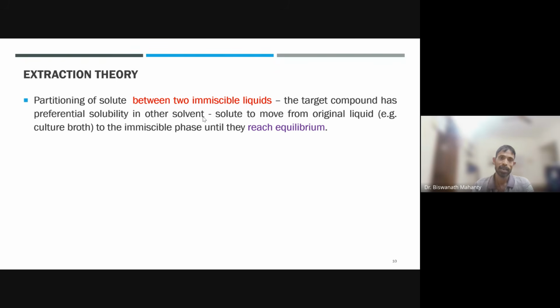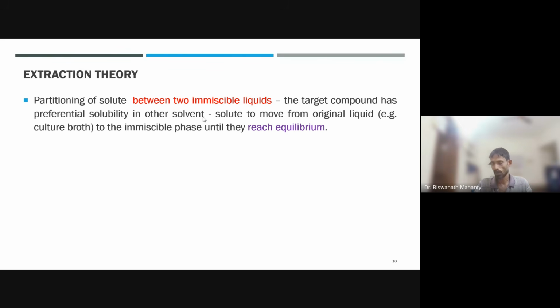Now, extraction theory: basically when you are using two immiscible solvents, our target compound is there in the aqueous phase, but the compound is preferentially soluble in another solvent. So the solute moves from the original liquid, like a culture broth, to your immiscible organic phase.